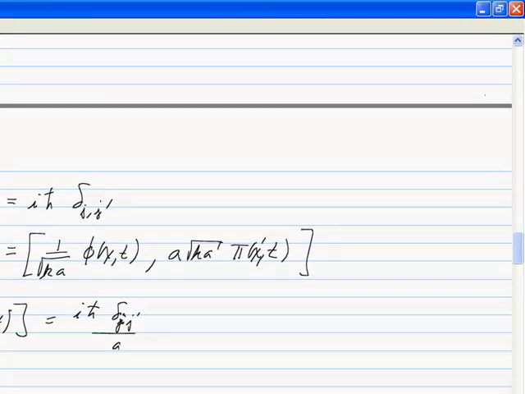Okay, but we're not quite there yet. You can tell we've got a Kronecker delta left over, which we need to make a continuum limit on, and a 1 over a.